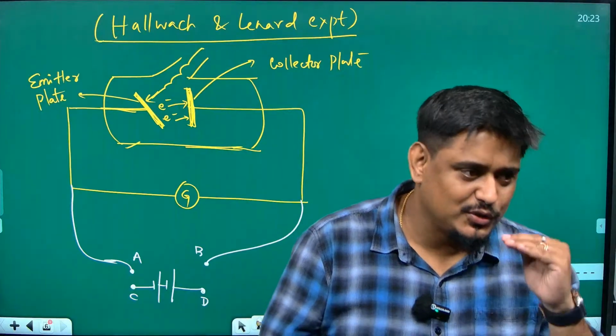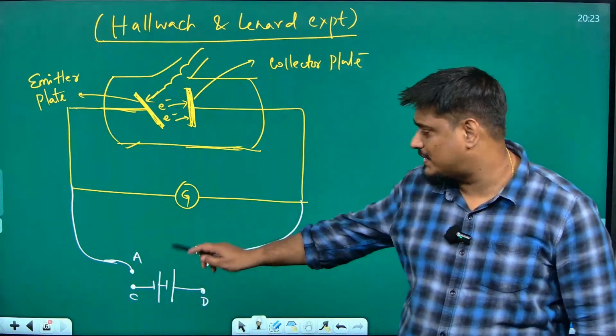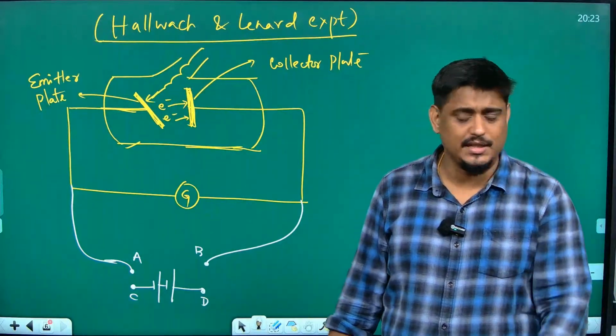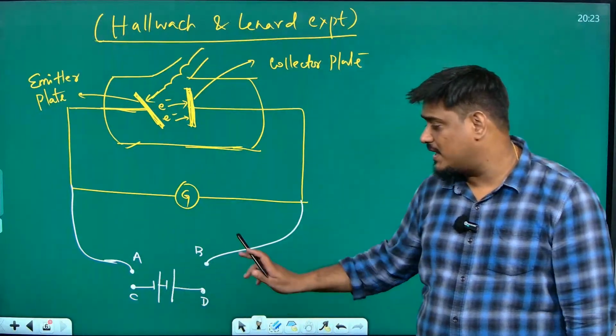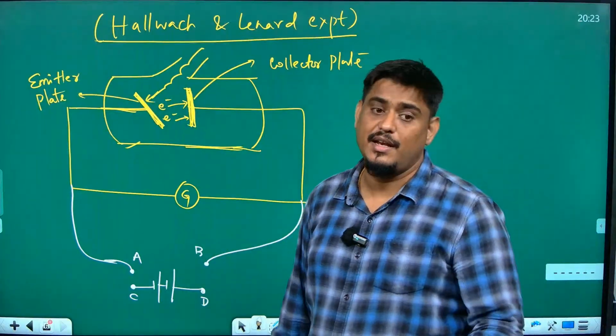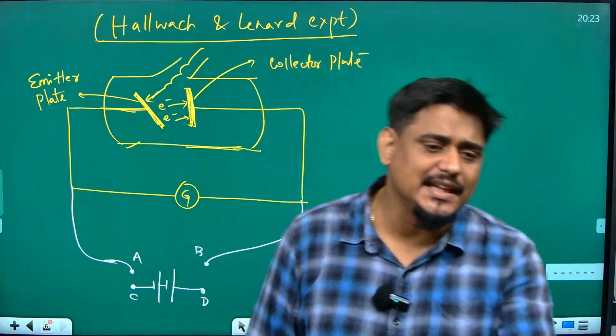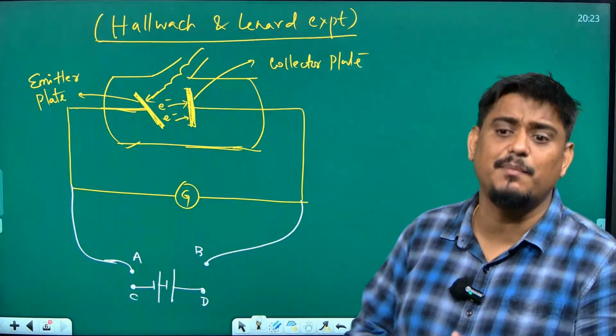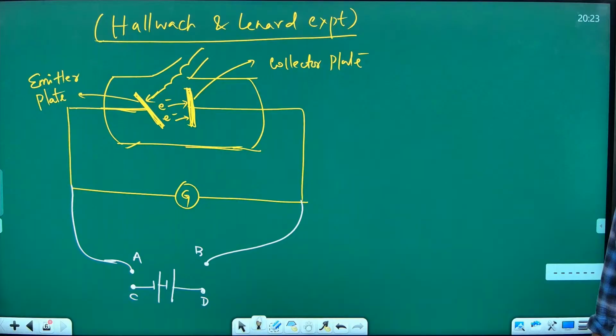So connecting A with C and B with D gives a positive potential, increasing the photoelectric current, and connecting A with D and B with C gives a negative potential, decreasing the photoelectric current. Why do I do all these things? To understand the behavior of intensity and frequency.